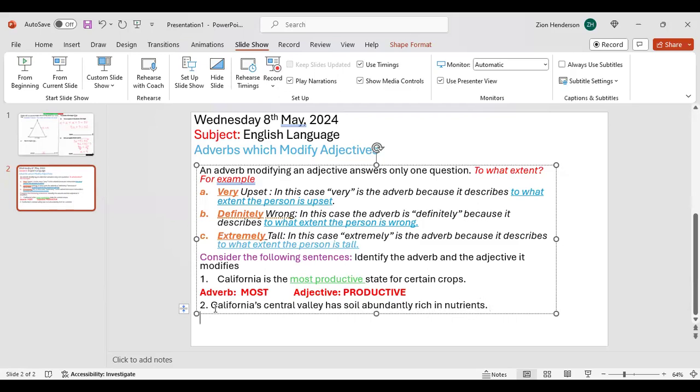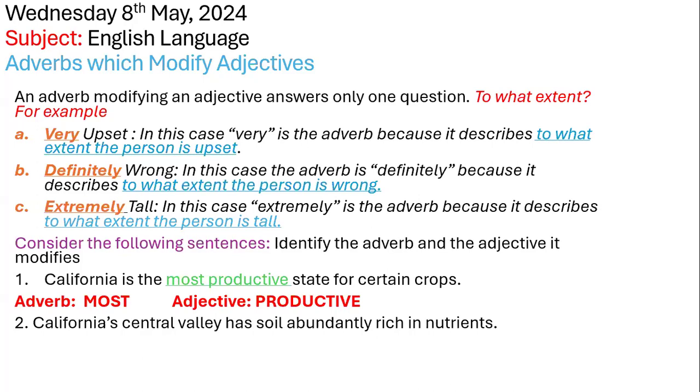Okay, so we have here California's Central Valley has soil abundantly rich in nutrients.